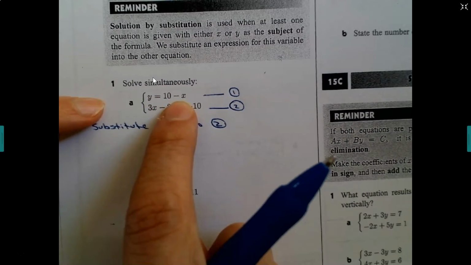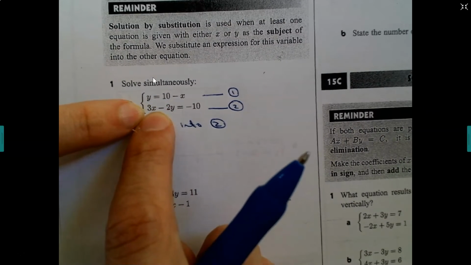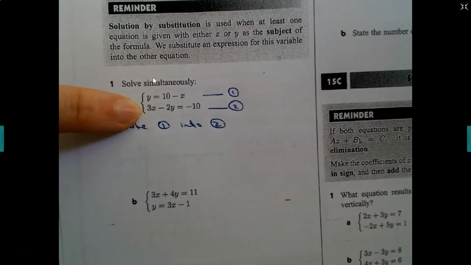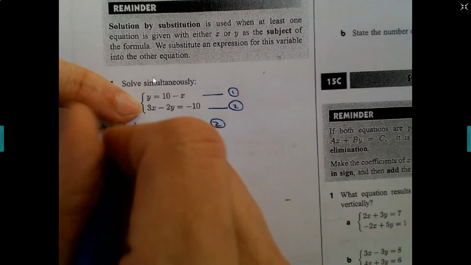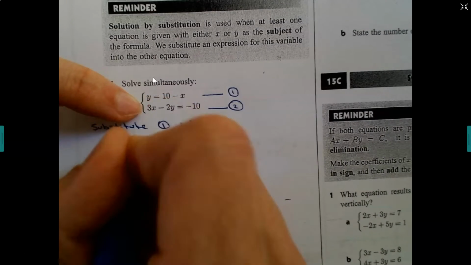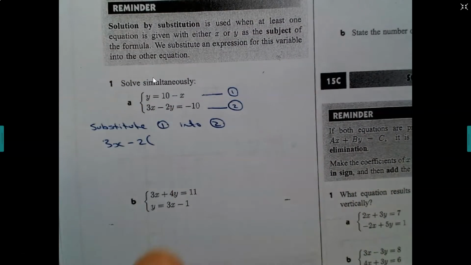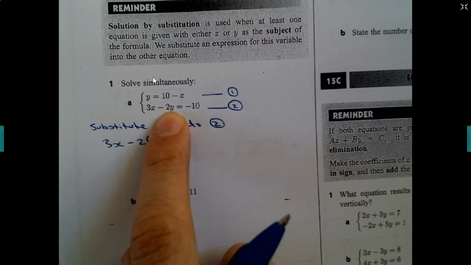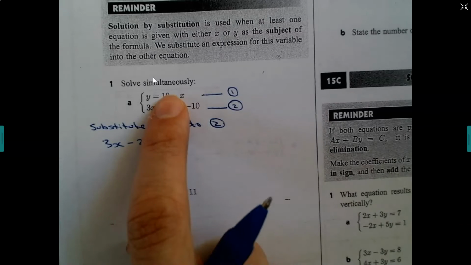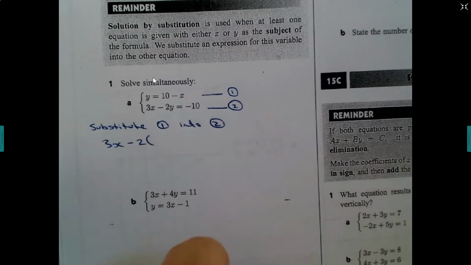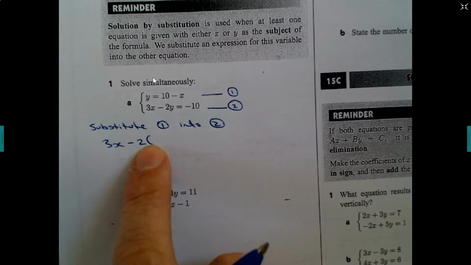So y is equal to 10 minus x. So let's write equation 2 using that information from 1. So 3x is going to stay as is, minus 2. Now, this is where it's going to differ. I'm not going to do 2y. I'm going to substitute in 10 minus x for y.